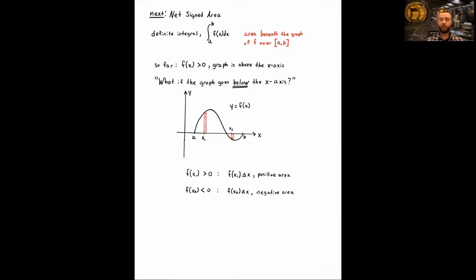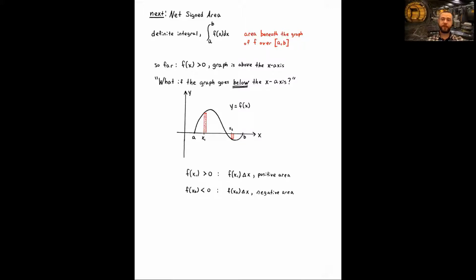The height would be determined by f of x sub 1, which, since that function is above the x-axis there, is positive. Multiply that by the width. A positive height times a positive width gives positive area.